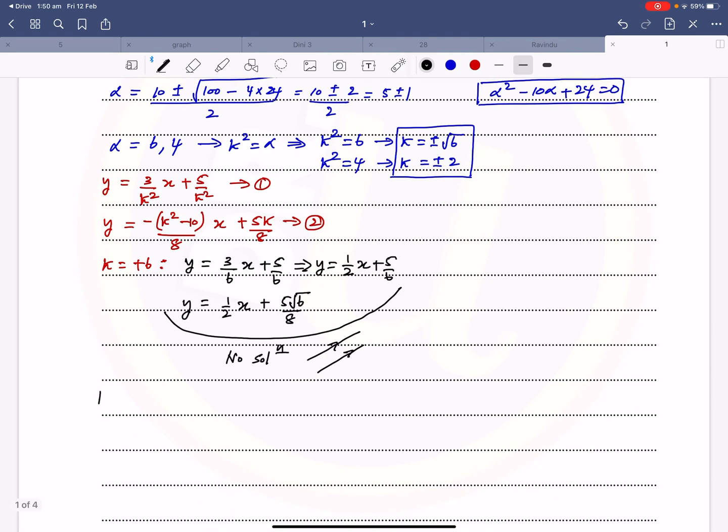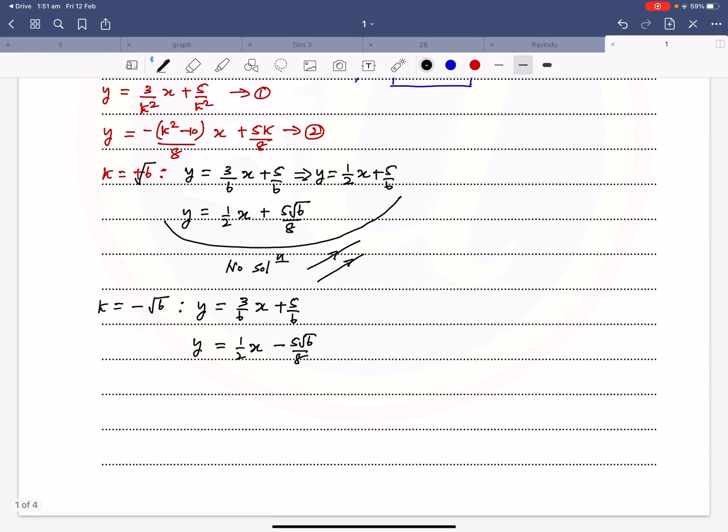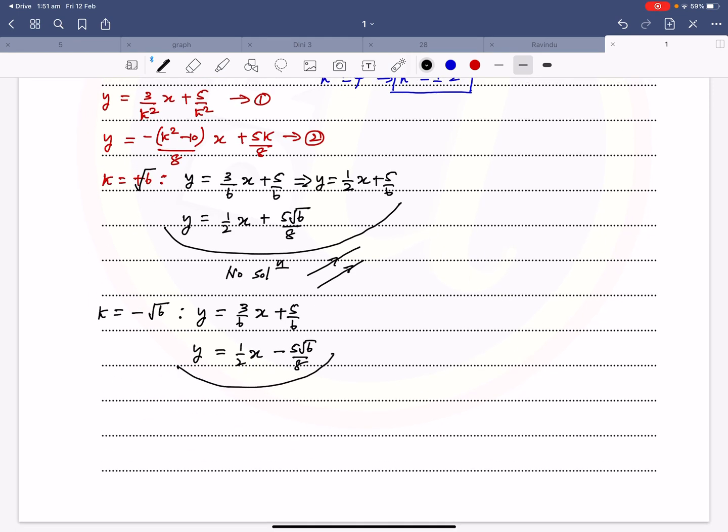When k is equal to minus square root of 6, y would be 3 divided by 6 x plus 5 divided by 6 again, and the second equation gives again half x minus 5 square root of 6 divided by 8. Again, the intercepts are different, so this corresponds to no solution.